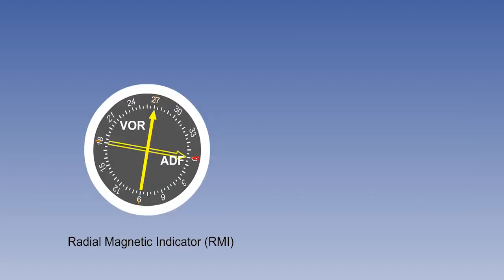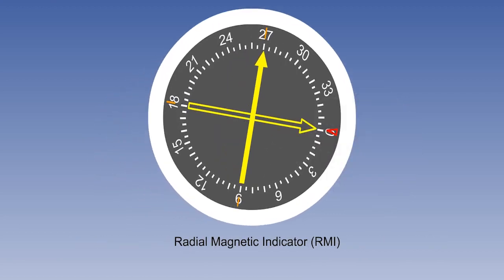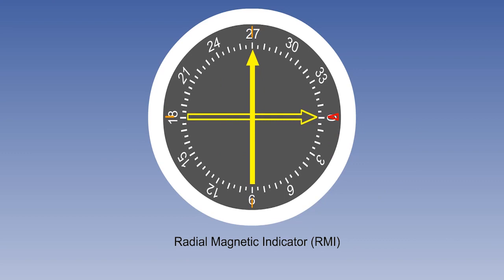There are 2 instruments that may be used for displaying bearing in the aircraft. These are the well-known radial magnetic indicator, or RMI, and the older relative bearing indicator, or RBI. The RMI has a rotating compass backplate, which is driven from the gyromagnetic compass or directional gyro indicator.